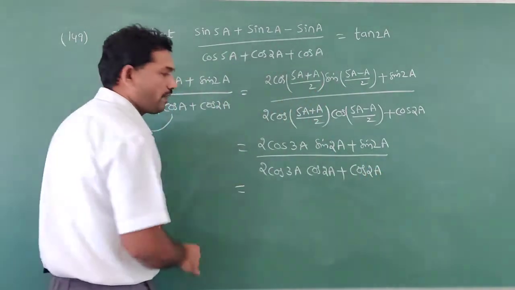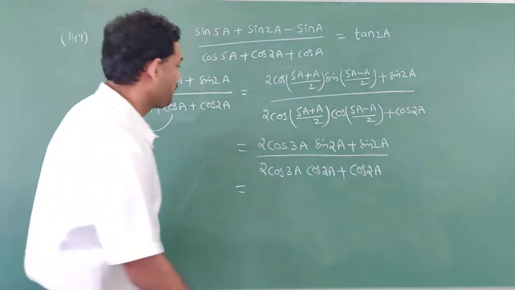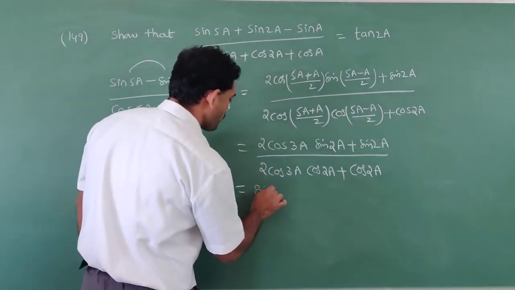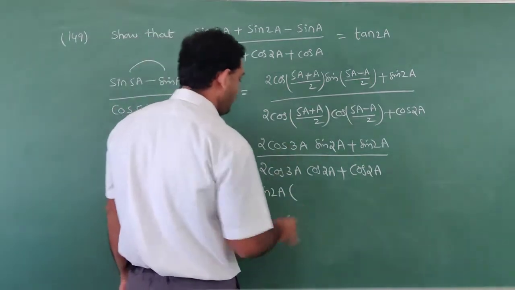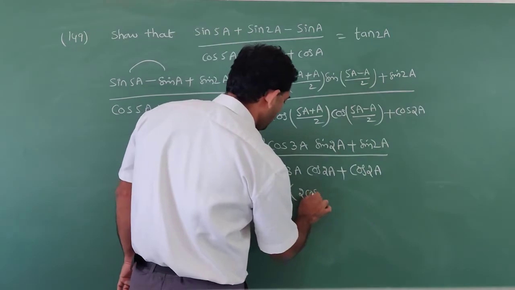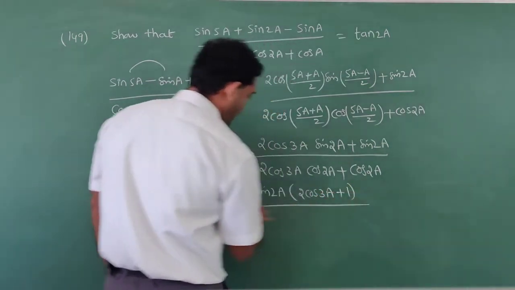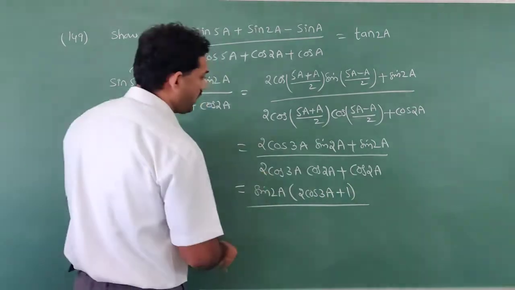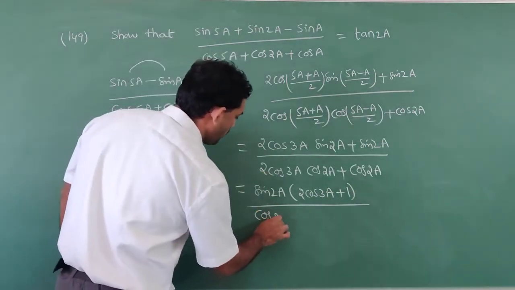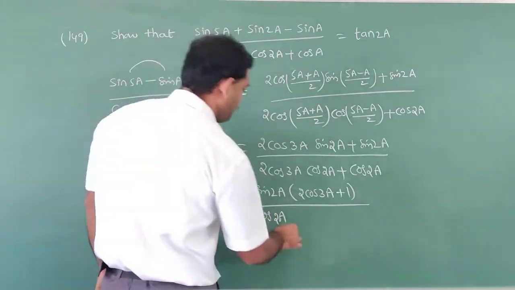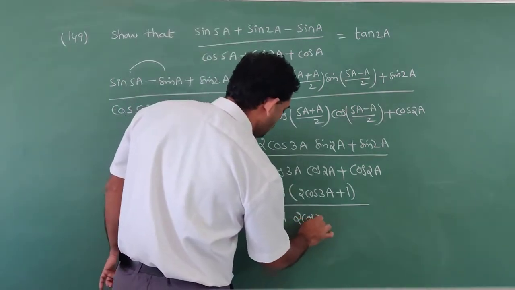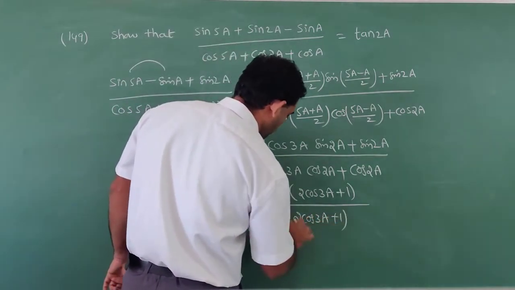So in the numerator, what value is common? Sin 2a is common, remaining 2 cos 3a plus 1, divided by, in the denominator also cos 2a is common, so remaining 2 cos 3a plus 1.